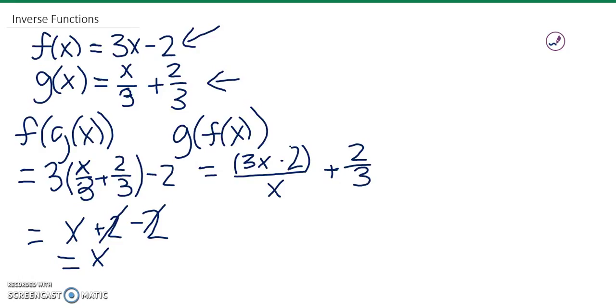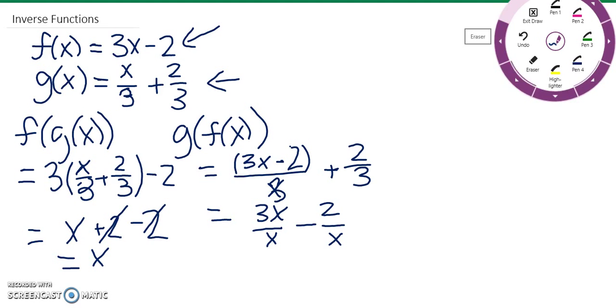We can rewrite this as 3x over x minus 2 over x. This should be over 3.